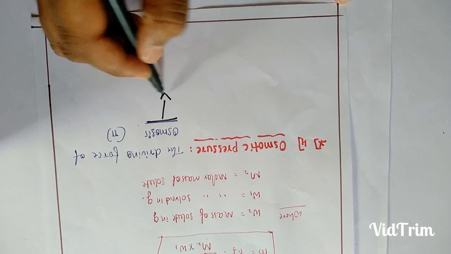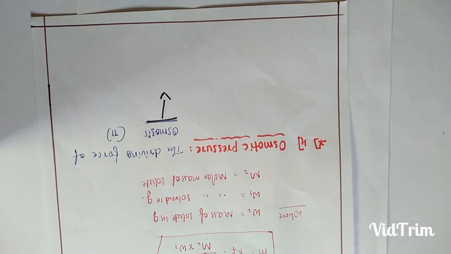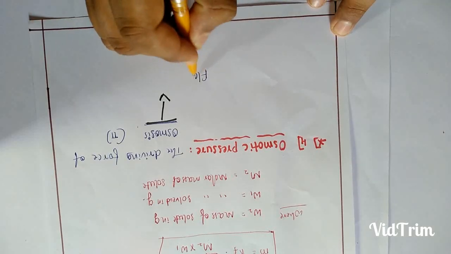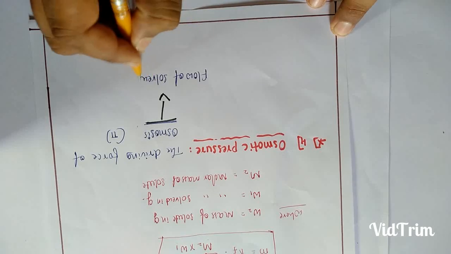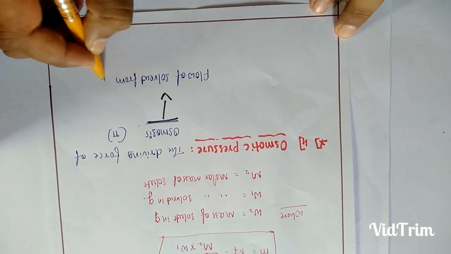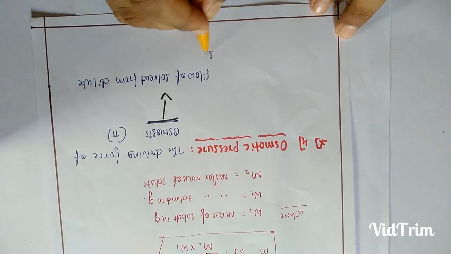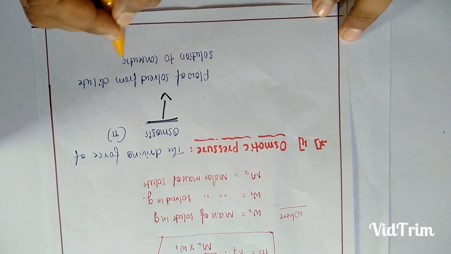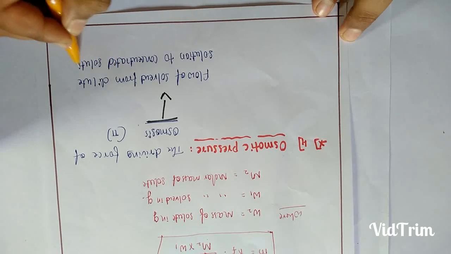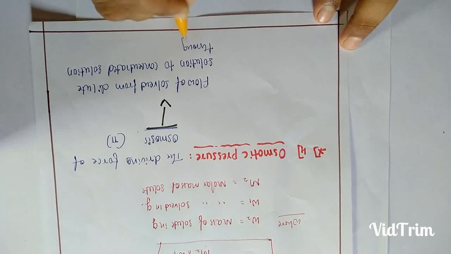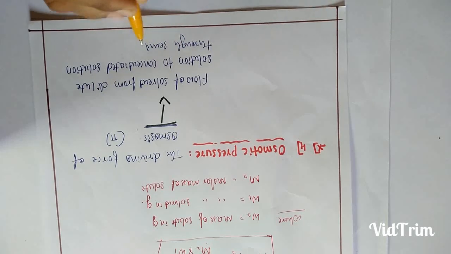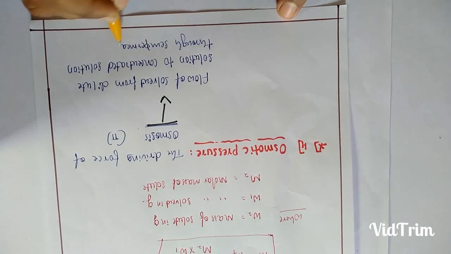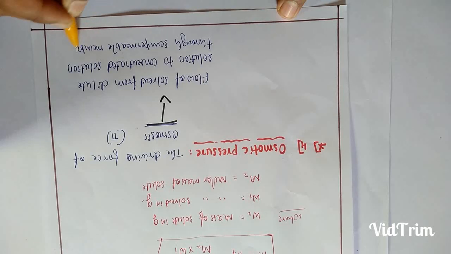Okay, student, here osmosis means the flow of solvent molecule from a lower concentration to higher concentration through semi-permeable membrane is called osmosis, or you can say flow of solvent molecules from dilute solution to concentrated solution through semi-permeable membrane. Okay, this is one marks question.